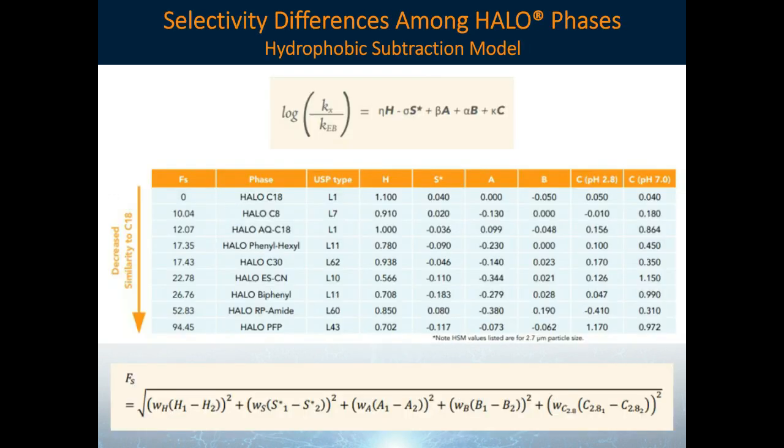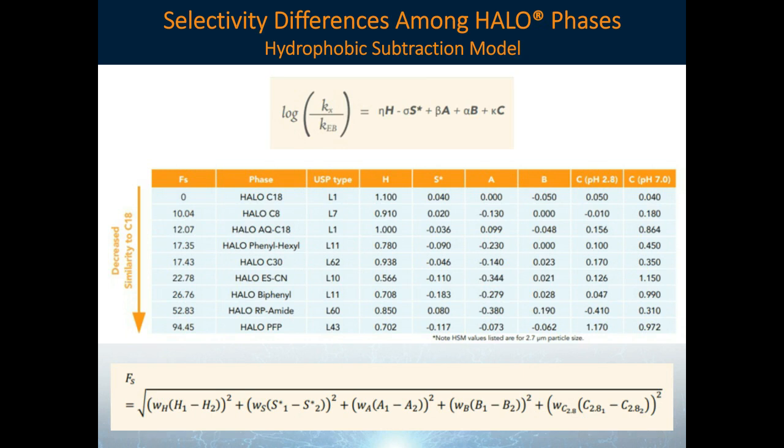So we do have selectivity differences among the Halo phases, and what we're showing here is the hydrophobic subtraction model. Numerous methods for characterizing stationary phases have been developed, including the hydrophobic subtraction model.